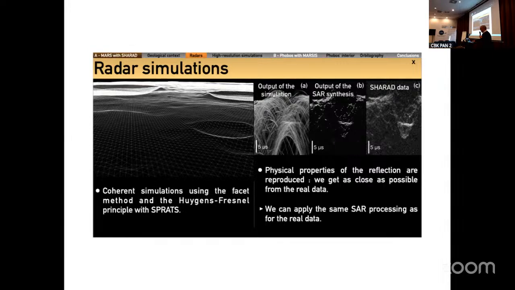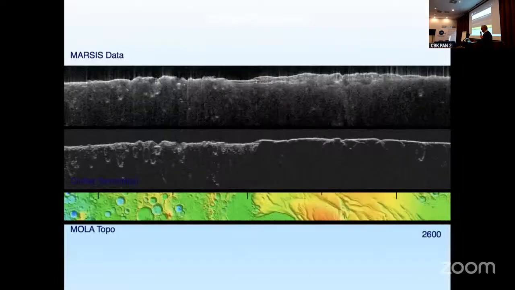As you will see here, these are the measurements of Marsis over the polar cap. And here we have the simulations. You can see that this kind of echo, seen here, is the surface. It's not subsurface. It appears as subsurface because it arrives at the receiver with this kind of delay.